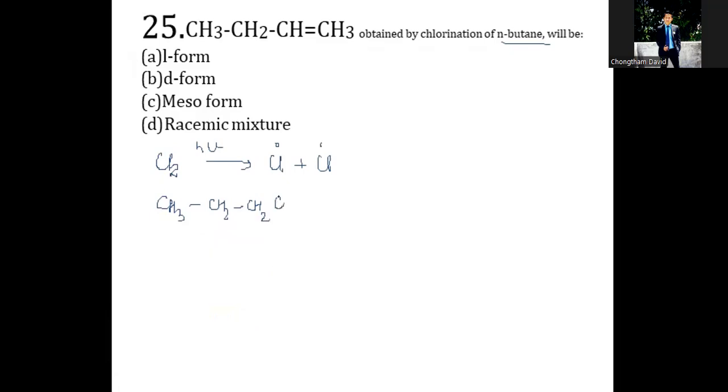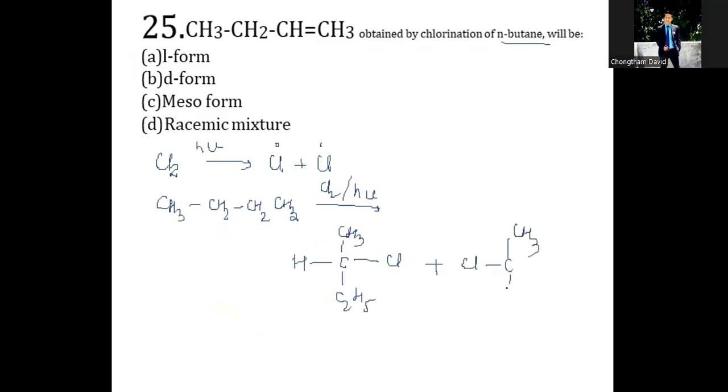This must be butane, CH3, CH2, CH3. In the presence of light, chlorination takes place, and now it will form a racemic mixture. Racemization will take place here. Chlorine plus another racemic mixture, CH3.